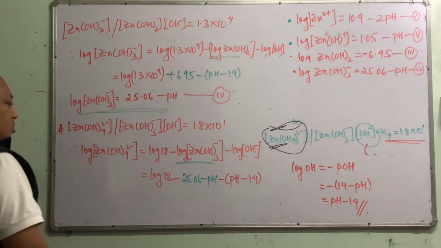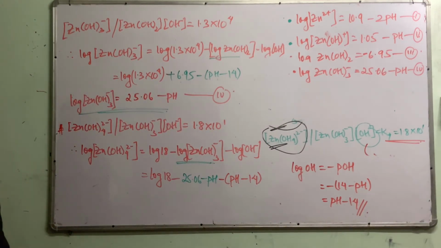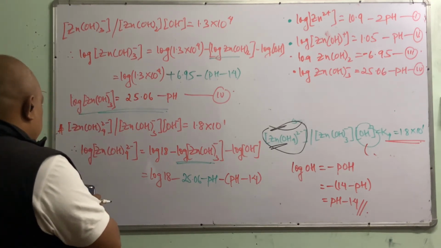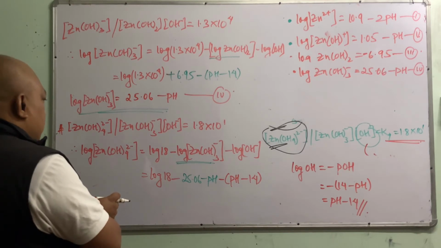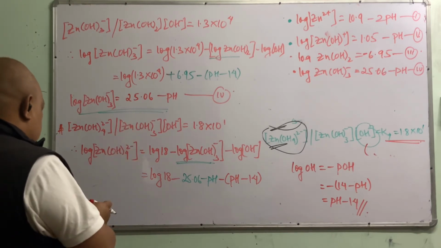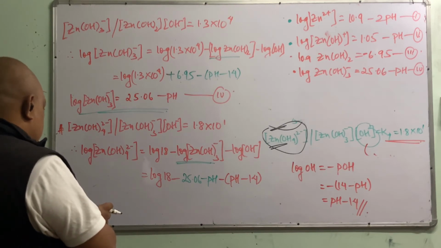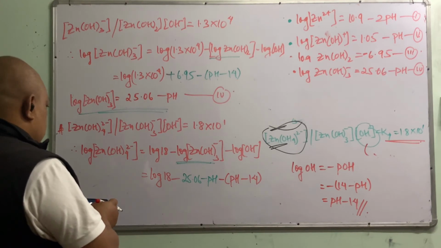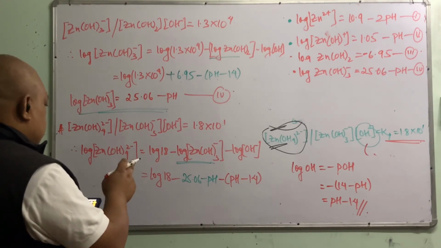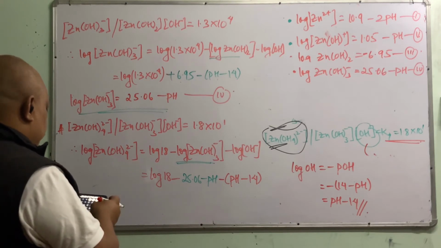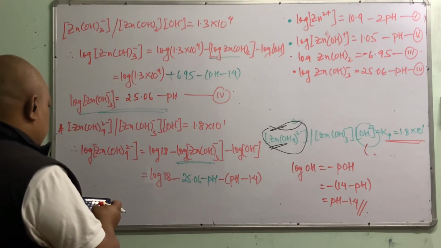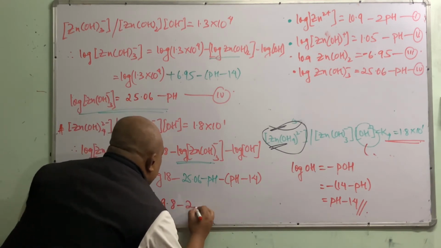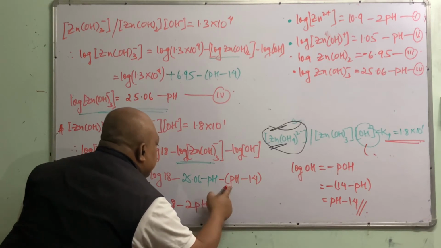Okay, so this will be equal to minus 9.8 minus twice pH, pH minus pH, correct?